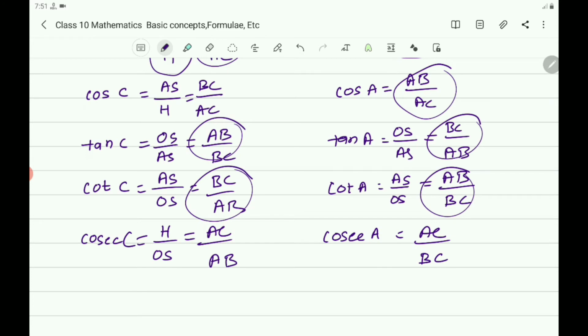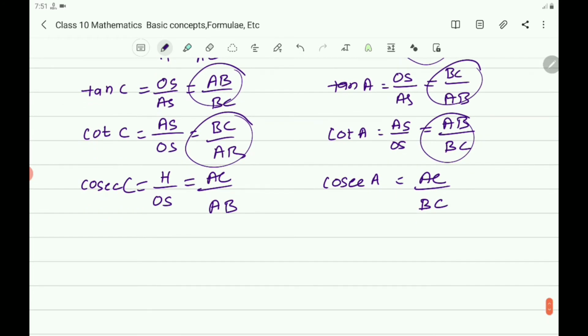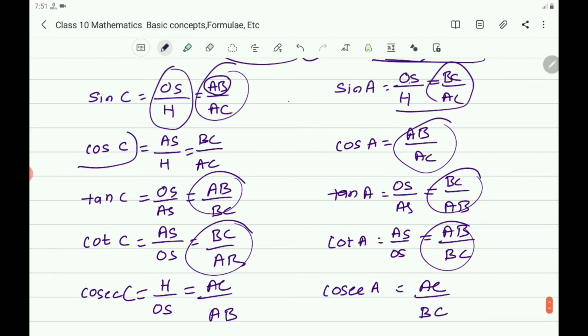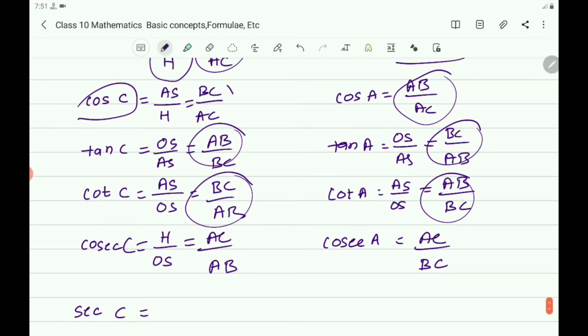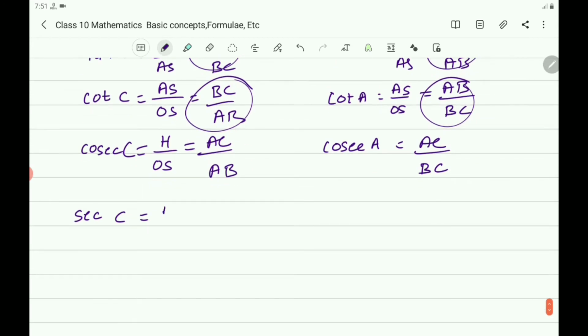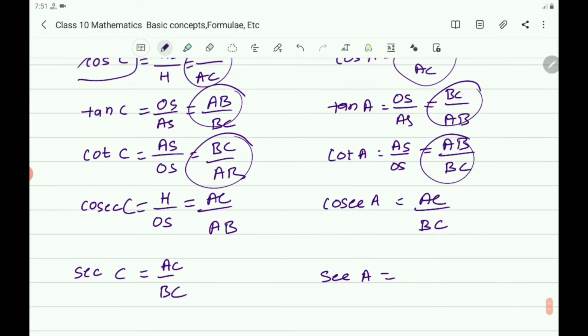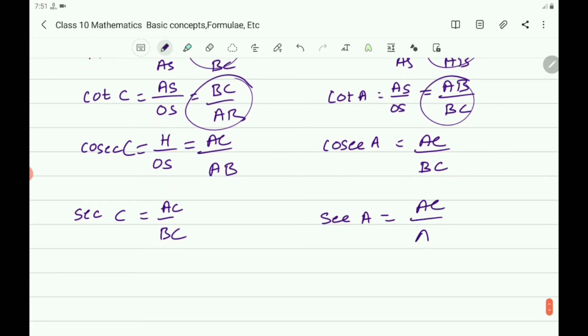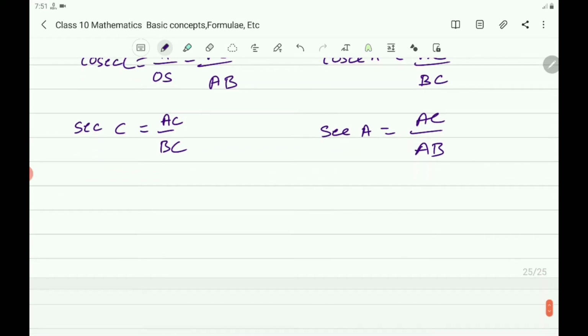Similarly, you can take secant C. Secant C is the reciprocal of cos C, that is AC by BC, and secant A, that is the reciprocal of cos A, AC by AB.